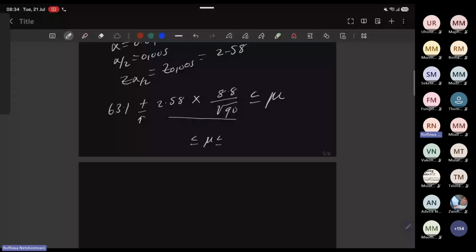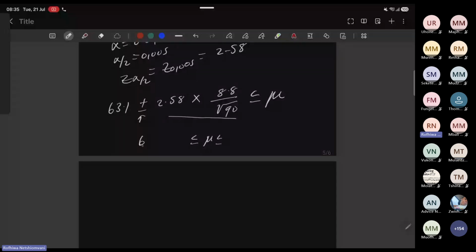So we're starting with 63,1 minus 2,58 multiplied by 8,8 over square root of 90. What is the answer? It is 60,71.